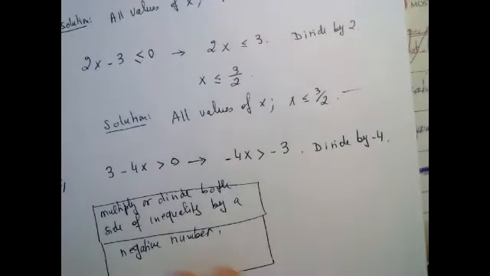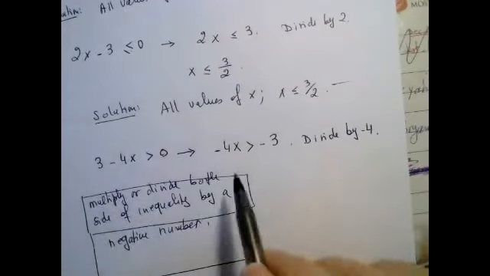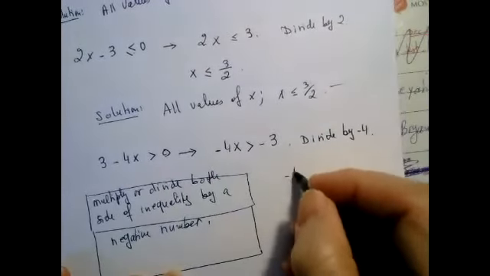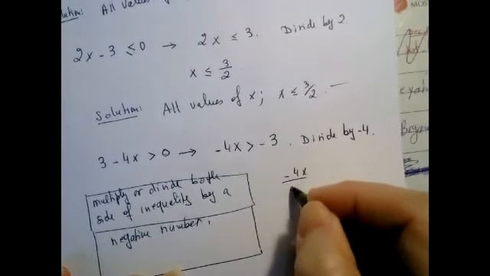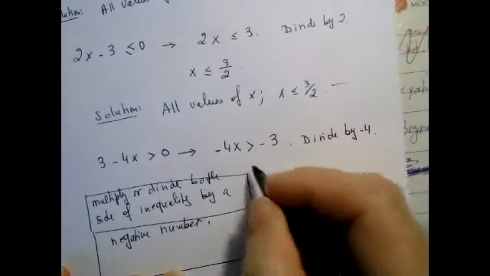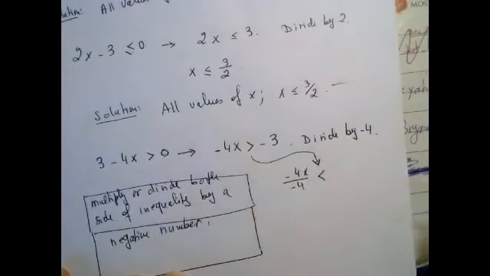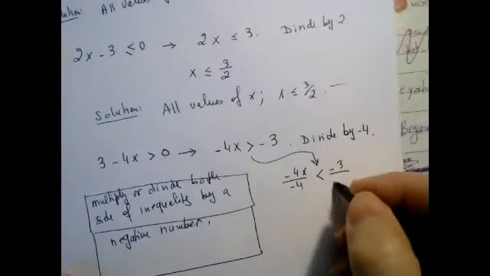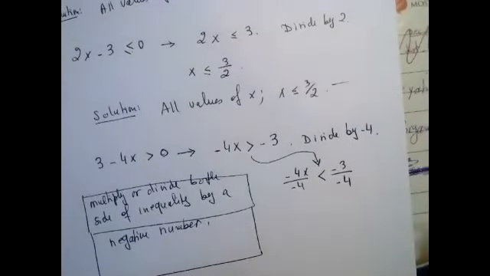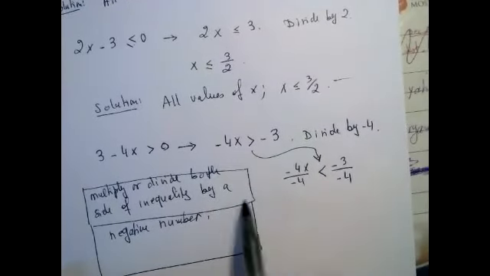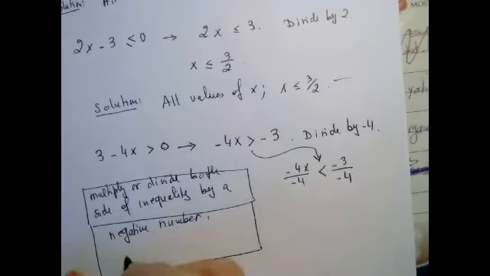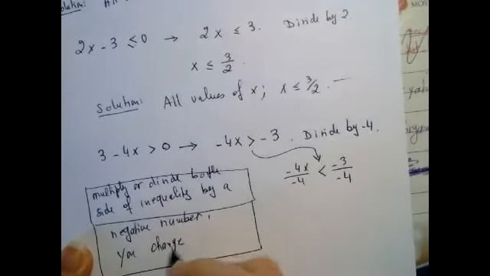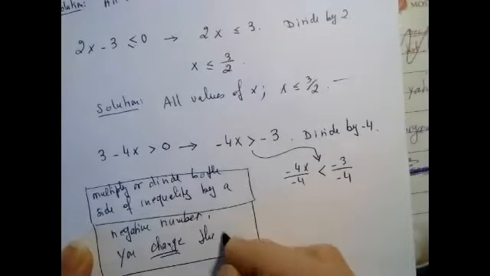What will happen? So if you have -4x, I want to divide by -4. When you divide both sides by a negative number, you have to change the sign of your inequality. And that's very important. It's less than -3/4 over that. So when you multiply or divide by a negative number, you change the sign of the inequality.